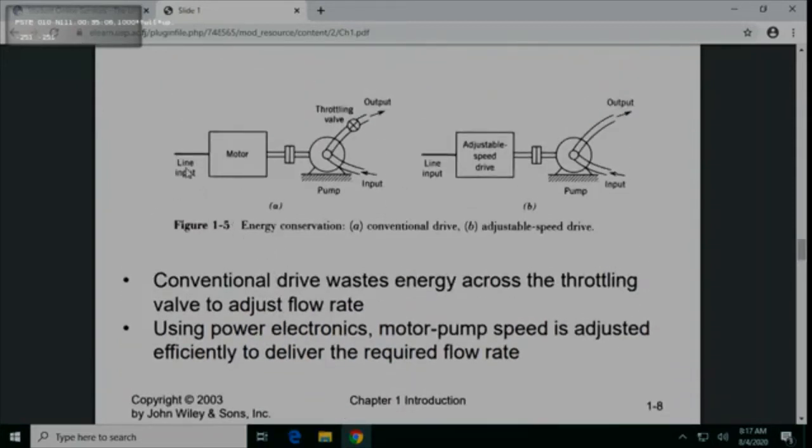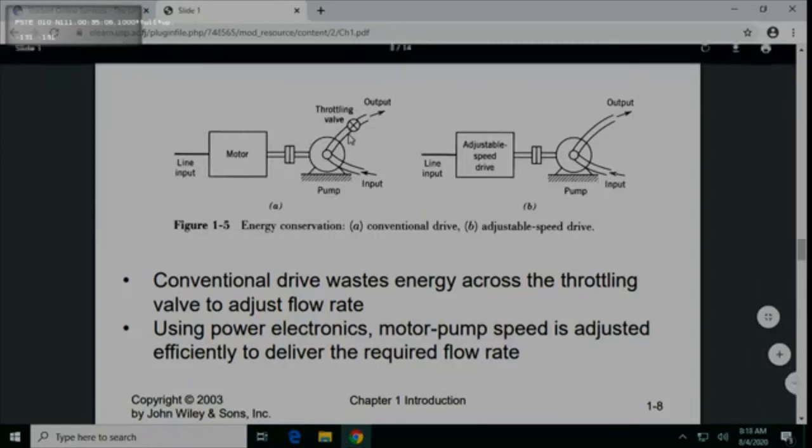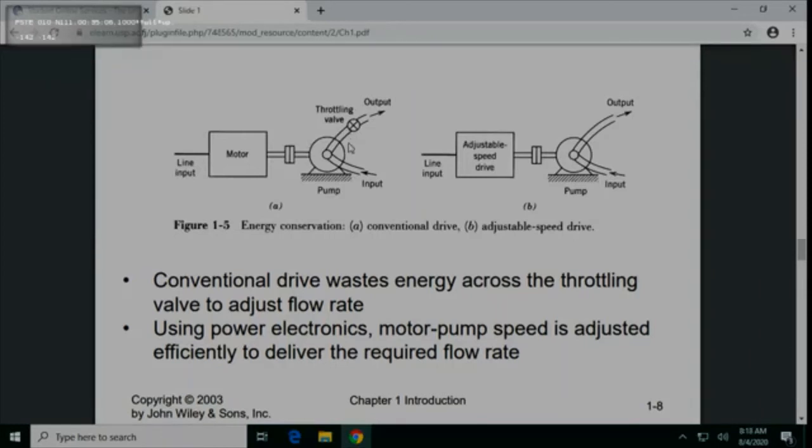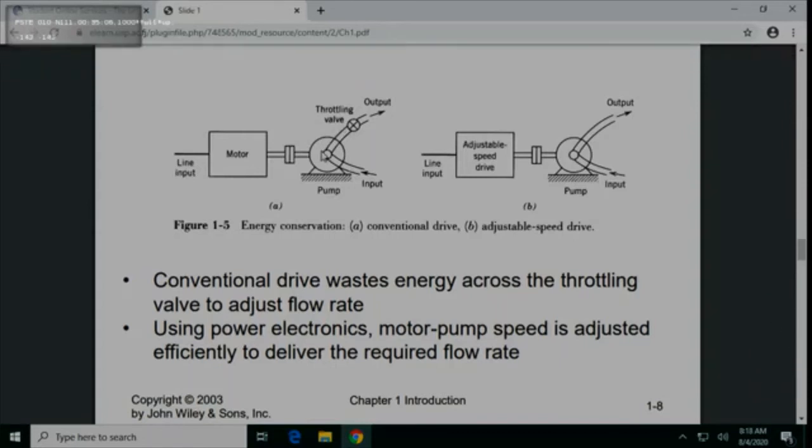If you just supply 415, your motor will only rotate at 1500 RPM. Nothing less, nothing more. So you cannot control the speed of the motor previously. The only way to control the flow rate was using the throttling valve, which had a lot of losses. And plus, this throttling valve used to be changed a lot of times. This is just one of many examples.